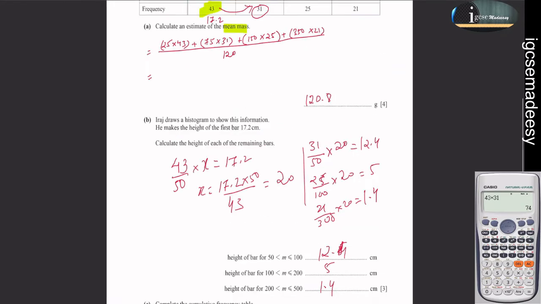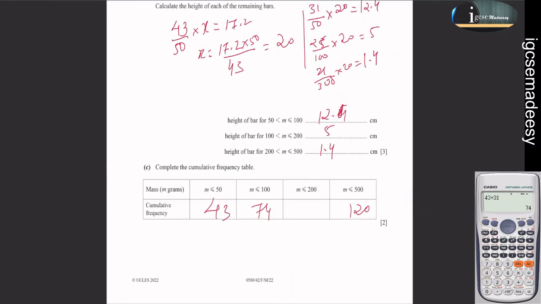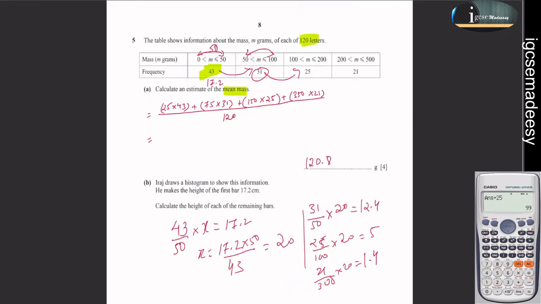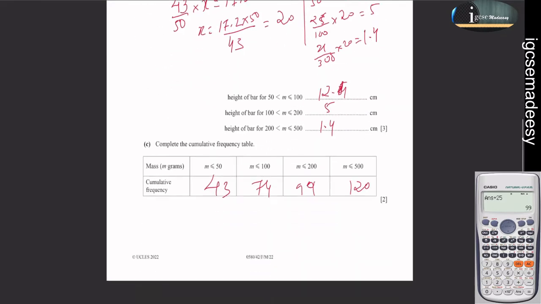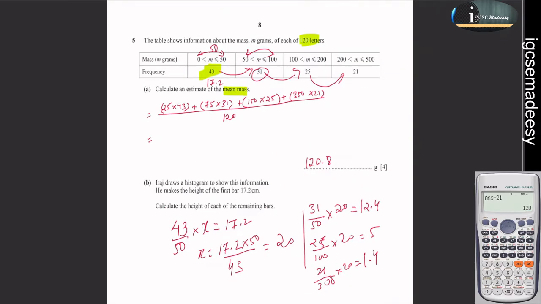Then 74 plus the next frequency, 25, gives you 99. And now 99 plus the last, 21, gives you 120. It means that this cumulative frequency is rightly plotted. So let's do the next question.